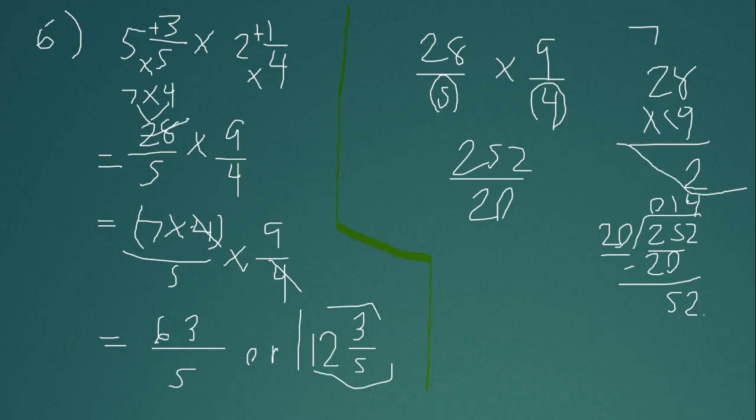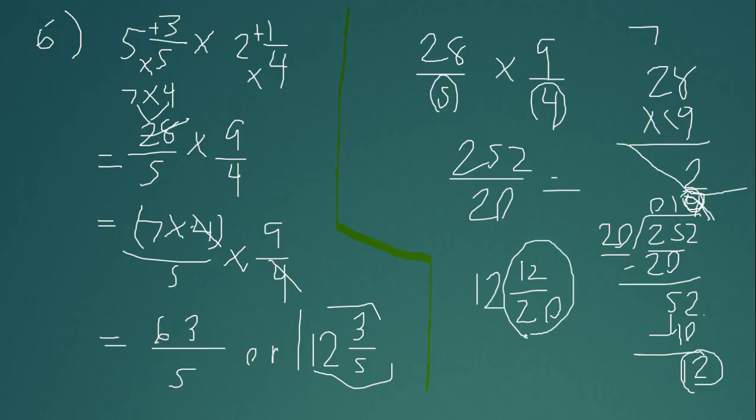Is it 4? No, this is 2. 2 times 20 is 40. Then this 1. So we have 12 here. So become 12 and 20.